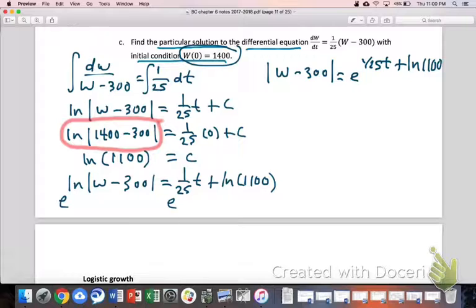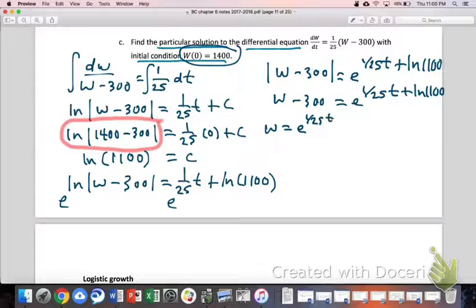And so as I evaluate these absolute values based on, of course, the initial condition, really the domain for W, I'll be doing the same thing. So the absolute value of W minus 300 would simply just be W minus 300. And that equals the same thing over here on the right. And my final step would be then to add 300 to both sides, and I would finally get W equals e to the 1/25 t plus ln of 1100, and then plus 300 to be back down at the base level.